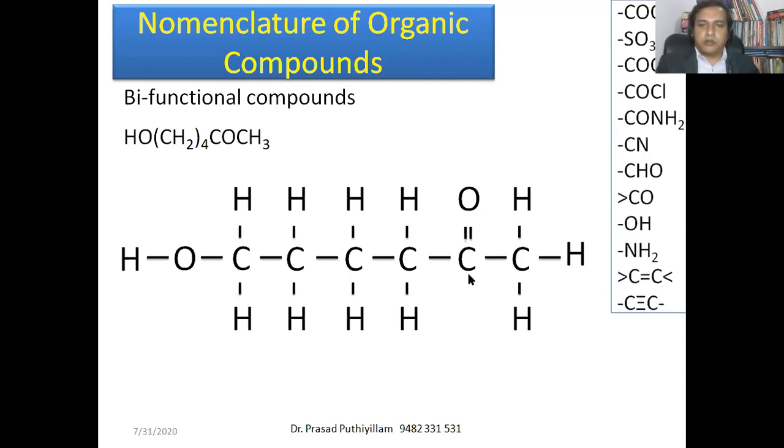Therefore, this carbon should get the lowest number when we number the carbon atoms. We cannot count from 1, 2 like that. Now we have to count from the right side. So this carbon will become 1, this is 2, and the OH group is attached to the 6th carbon atom. Therefore, it is 6-hydroxy. This is wrong. This is 6-hydroxyhexan-2-one.